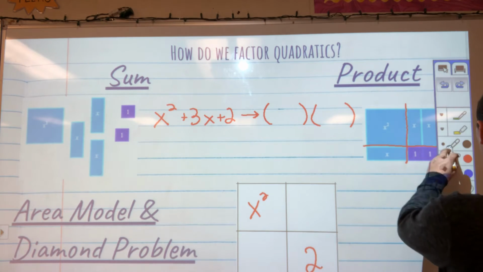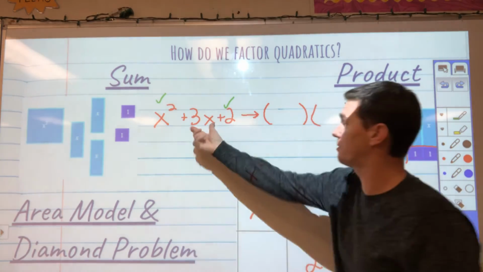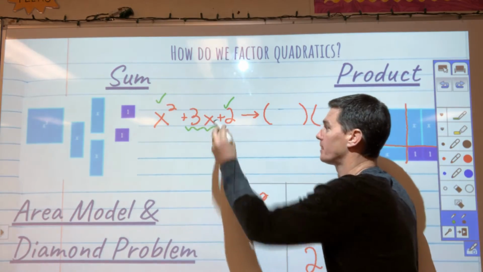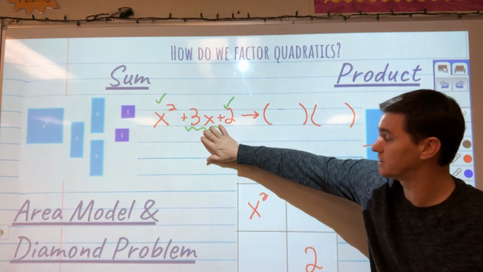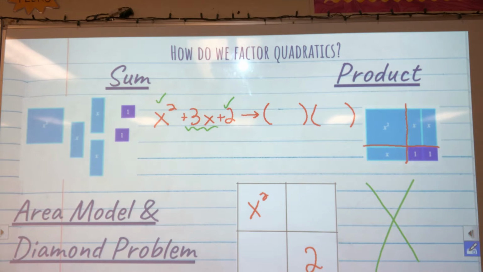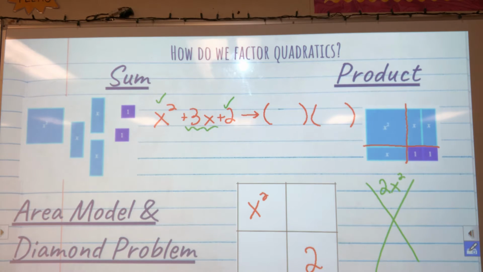So of our pieces, we know we've used the x squared and we've used the 2, but where do the 3x go? There's 2 spots, but only 1 term. Well, to help figure out how to split this 3x up, we use a diamond problem, right? And that diamond problem, we put our 2x squared on the top, and we put the 3x on the bottom.